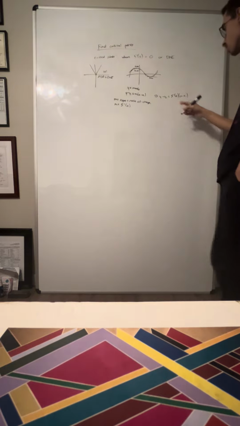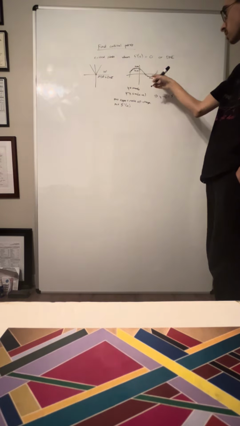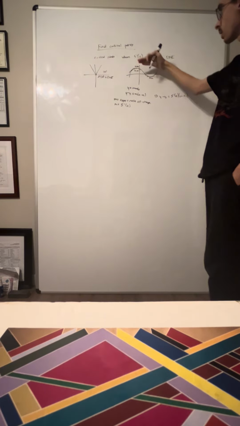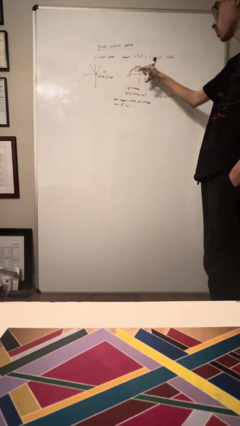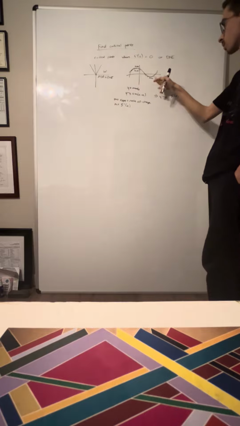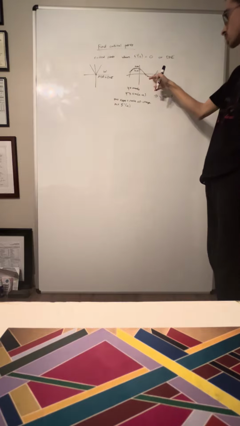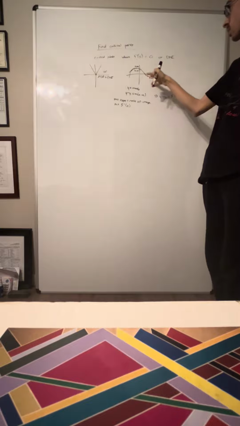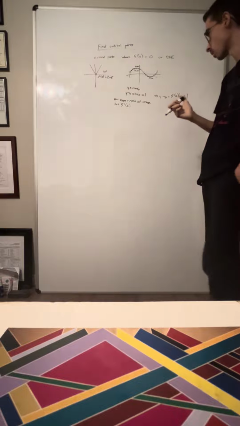But notice that at the max and min, the graph flattens out with how it's changing at that point. Hence, we're going to have zero change at precisely the max and min points.